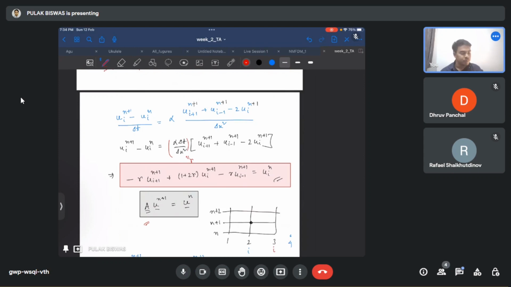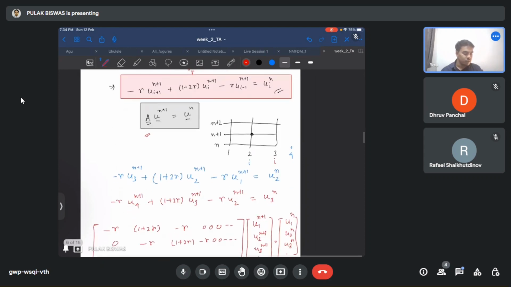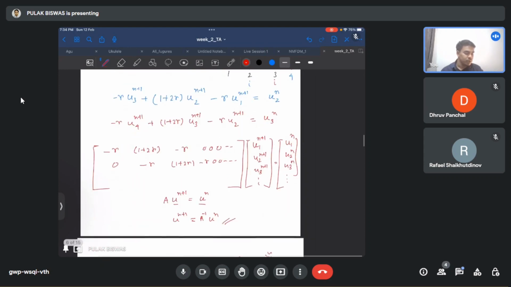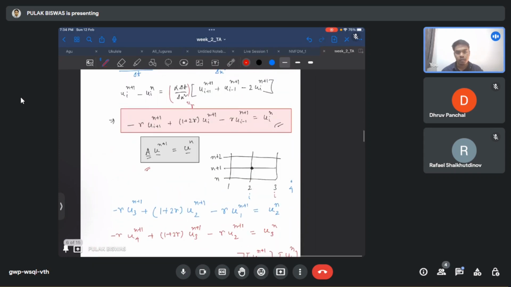It may happen that there is some problem with the matrix A, but in general you can solve like this. If not, you can use other methods to solve the equation. This is the main equation you have to solve, and you can use any method to solve it.